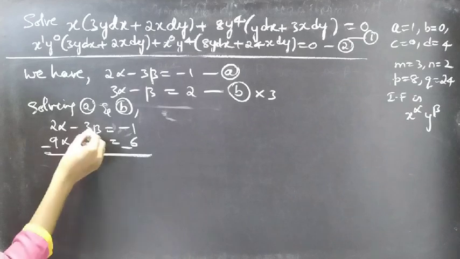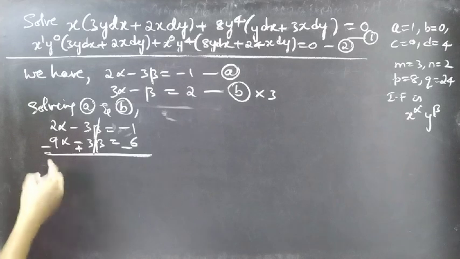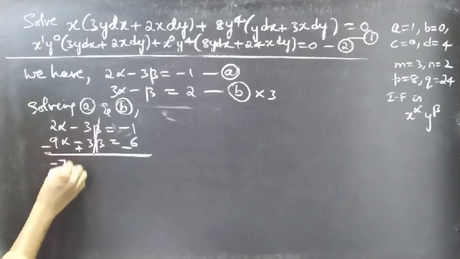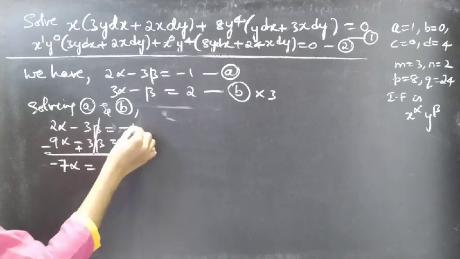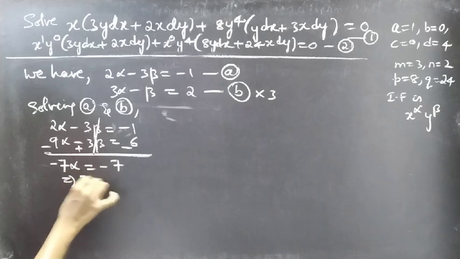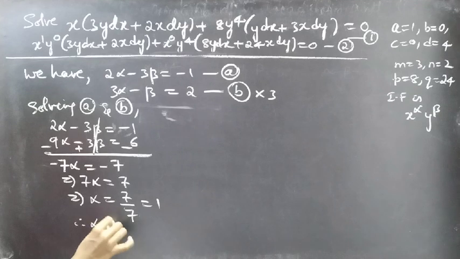Here minus 3 beta plus 3 beta gets cancelled and you'll get 2 alpha minus 9 alpha gives minus 7 alpha equal to minus 1 minus 6, which gives minus 7, right? Or 7 alpha equal to 7, then alpha equal to 7 by 7, which is equal to 1. Therefore alpha equal to 1.